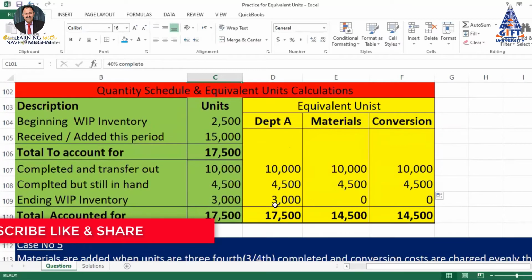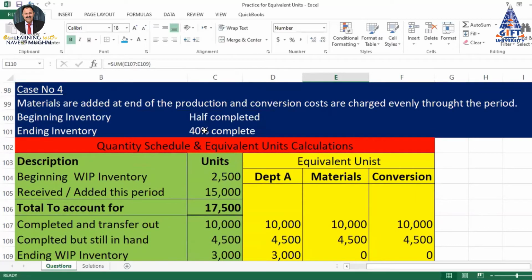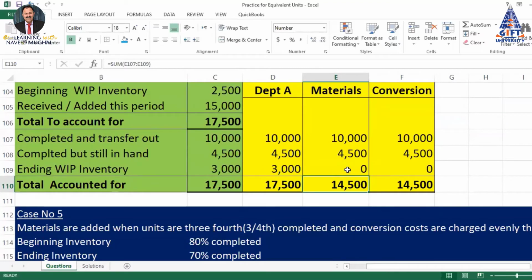With respect to material, these 3,000 units are still to complete. So we will have 0% completion for this. We haven't added any material on these 3,000 units because they are only 40% complete. When they reach the end of the production, we will add the material.